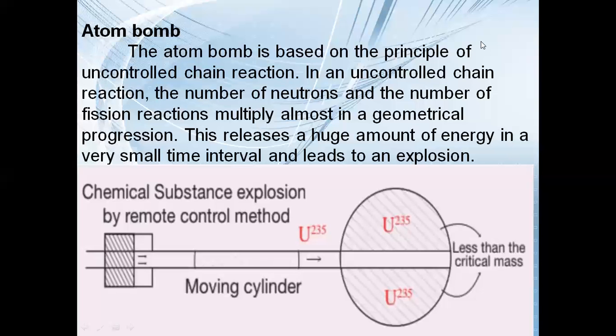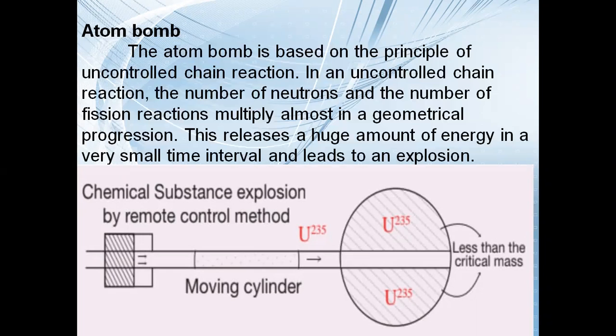So the atom bomb has a cylindrical fissile material and a void. The cylindrical fissile material can fit into the void, and its mass is also subcritical.